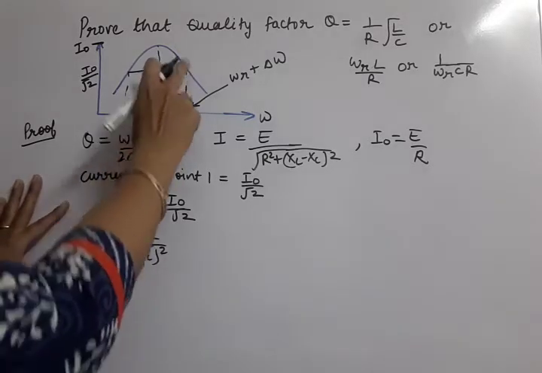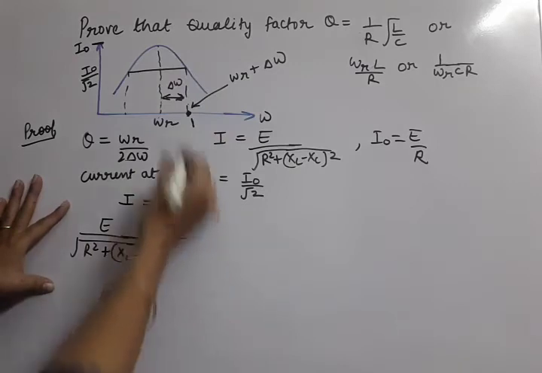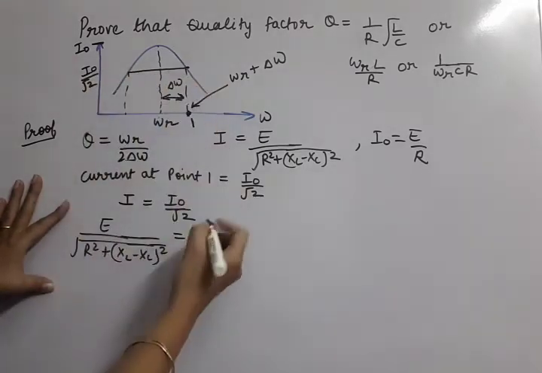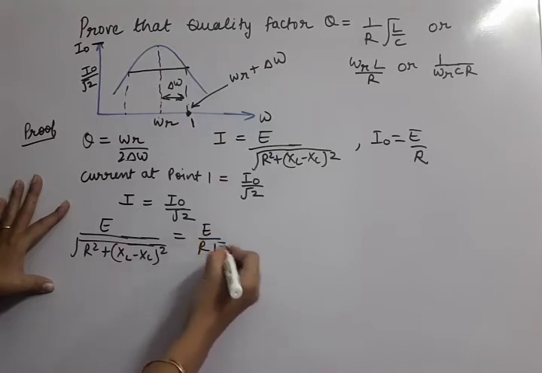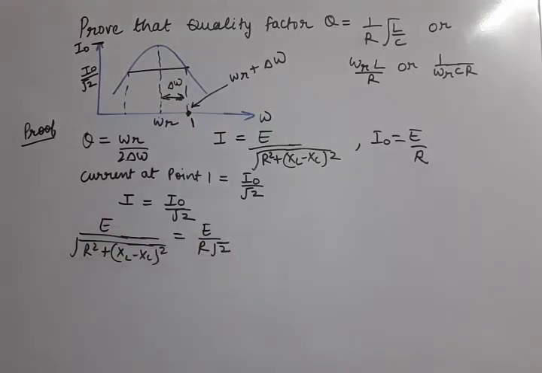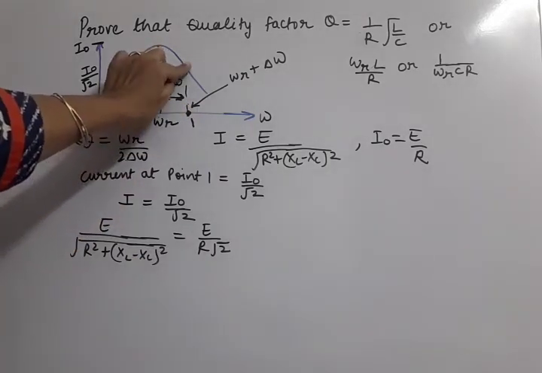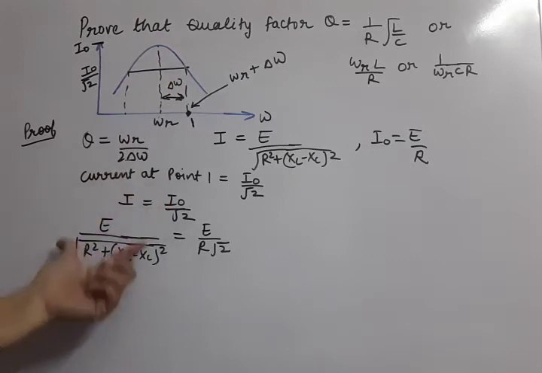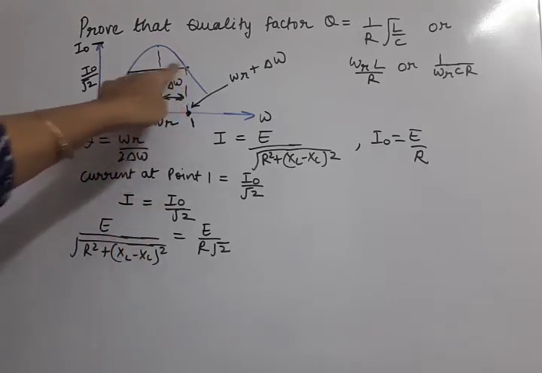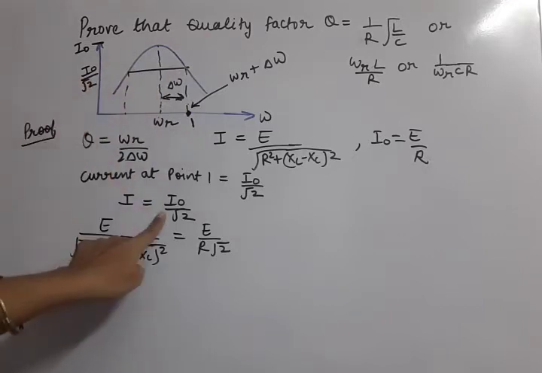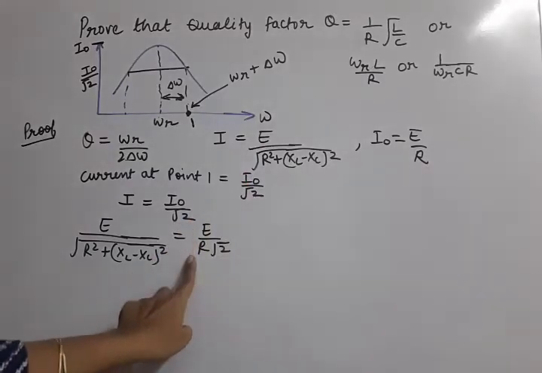Here at this point XL and XC are not cancelling, but its value of the current is I0 by root 2, and I0 is E by R root 2. So the current at any point other than resonant frequency is given by this formula, but the current at this point where I am finding is I0 by root 2. So I have written this. I0 value is E by R, that I have substituted.